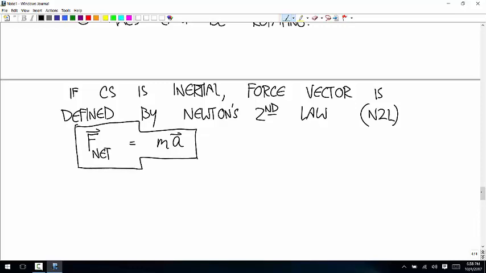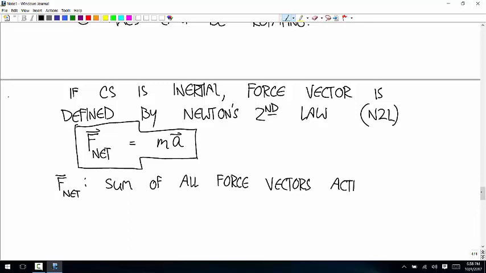Let me give some strict definitions of the things in this equation. F net is the sum of all force vectors acting on a chosen object.